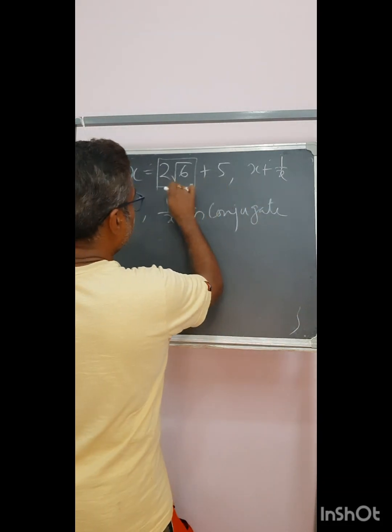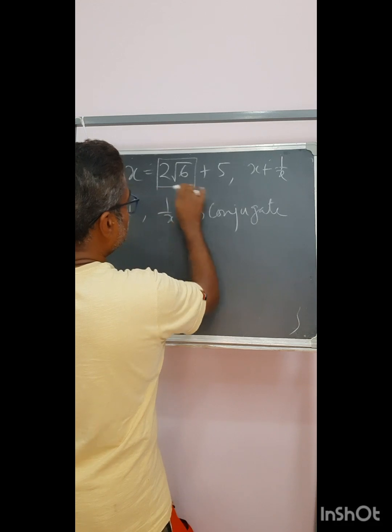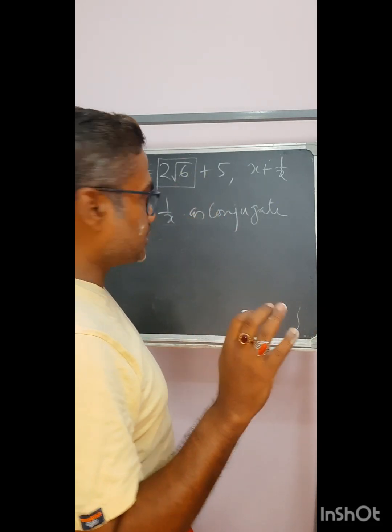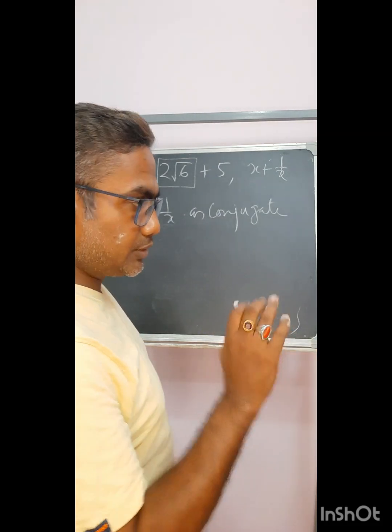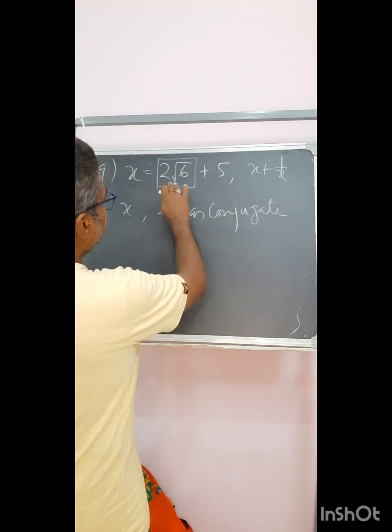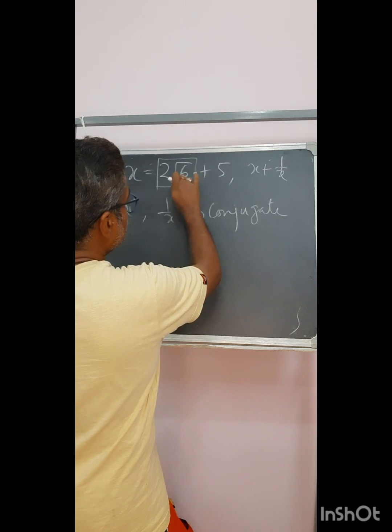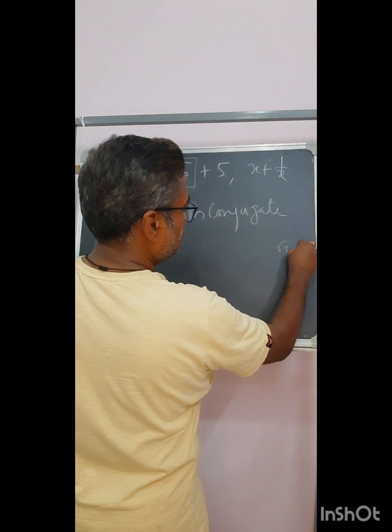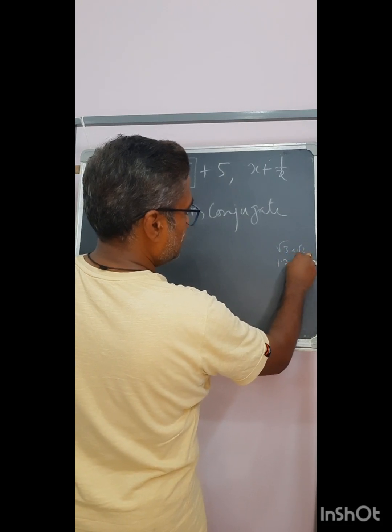Out of these 2 terms, if it is a mixed surd, then out of these 2, which is higher, because accordingly we take the minus or plus sign before the smaller term. So if 2 root 6 is higher than this, root 3 and root 2, you can calculate 1.3 and 1.4.